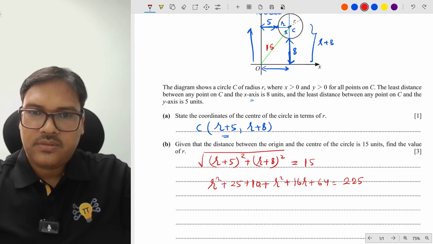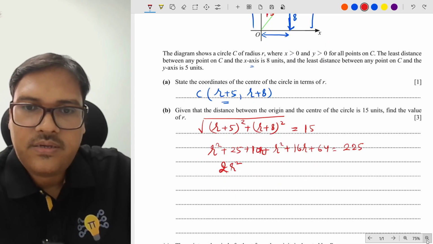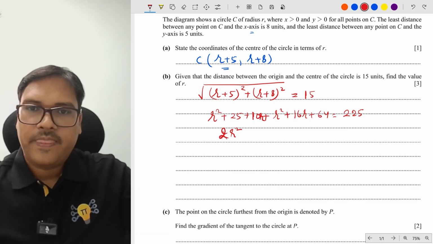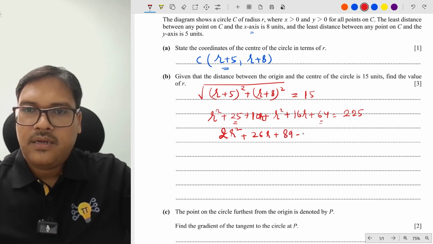If I further simplify this, this is 10r and this will become 2r square. So this is 2r square, plus 26r, plus 89 minus 225 equal to 0.